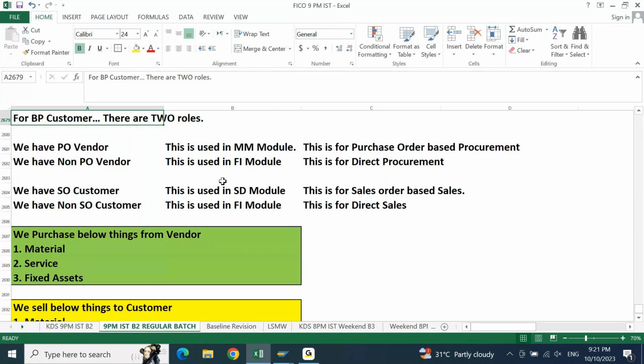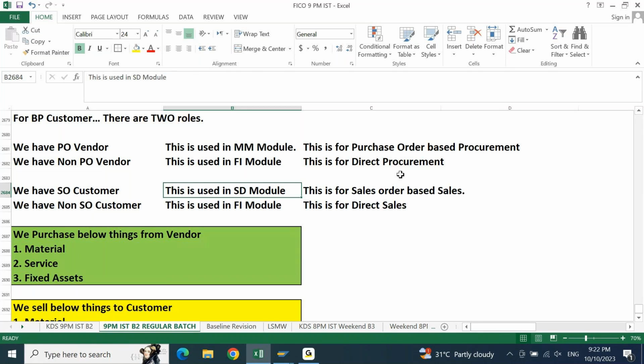Whenever somebody is asking you about accounts payable or accounts receivable, you should not talk about direct sale, direct purchase. Nobody is interested in direct sale, direct purchases, which is only the FI module. When I'm talking about accounts payable, I am more connected with your explanation only when you talk about the MM module. Similarly, I am more interested in your accounts receivable only when you talk about the SD module.